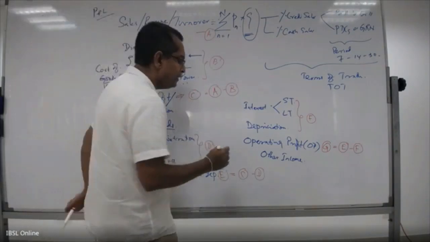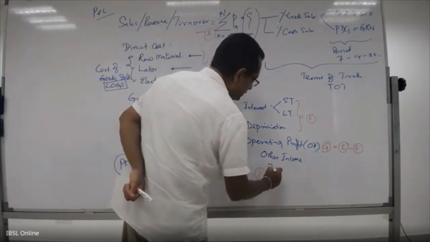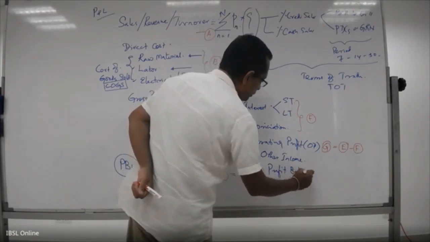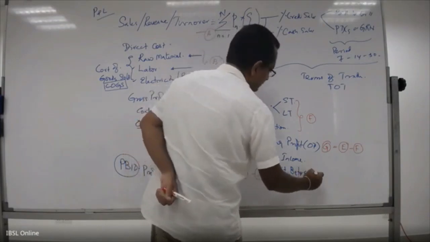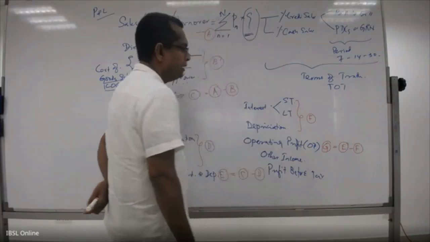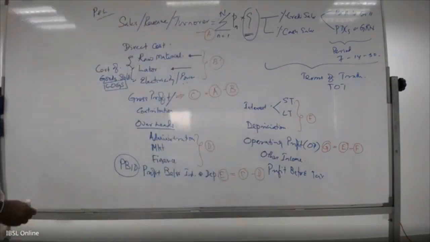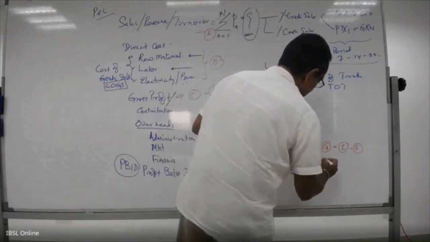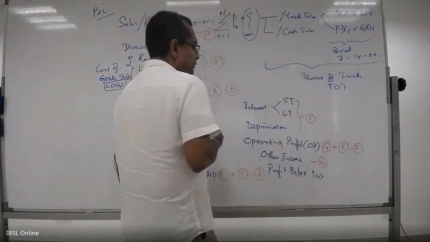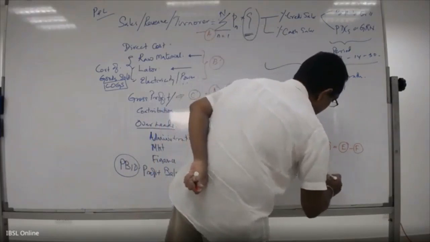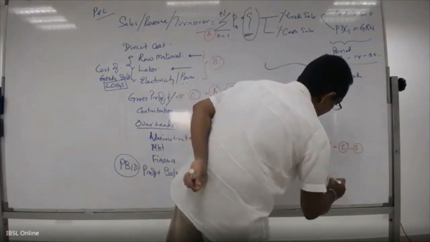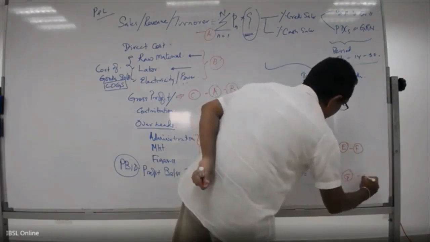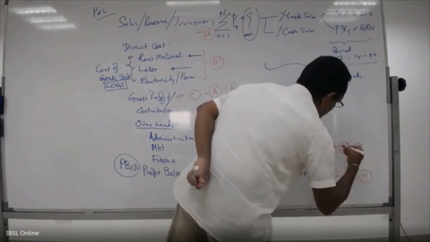After that we have profit before tax, right? Profit before tax. I equals G minus H. Then you have tax.